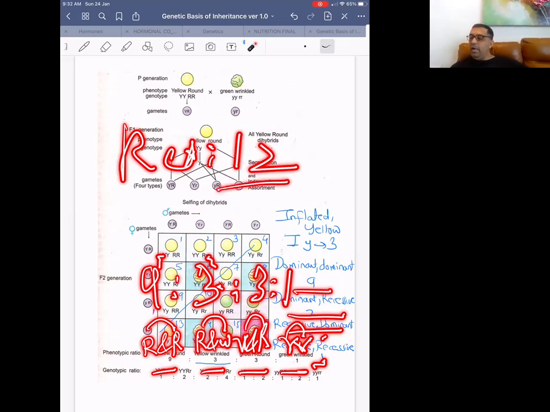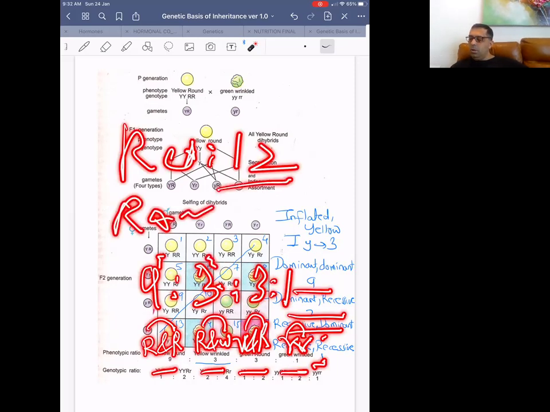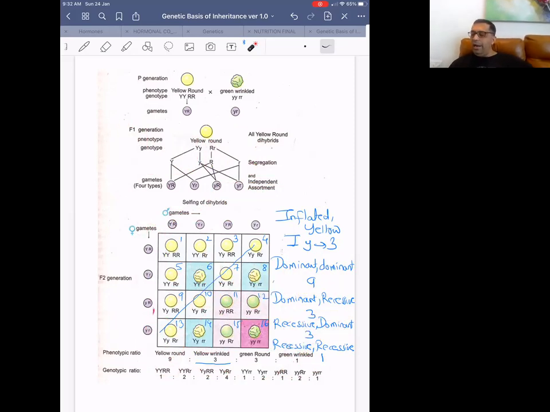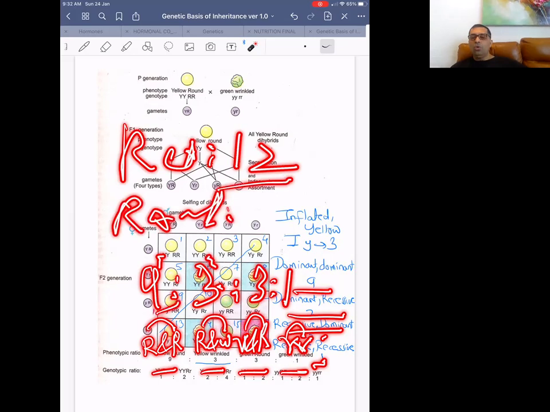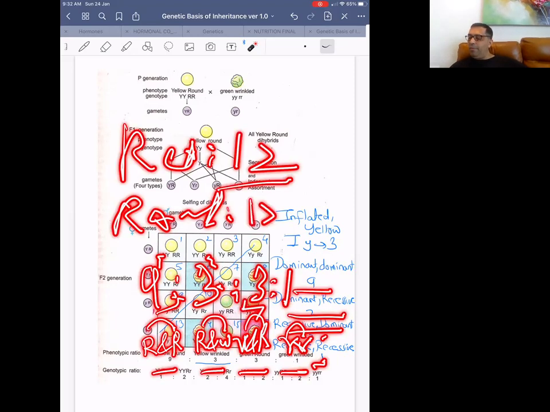Similarly, how many round will you get? Round, you will get 9 that are red and round. And 3 you will get white and round. So 9 plus 3 again becomes 12.